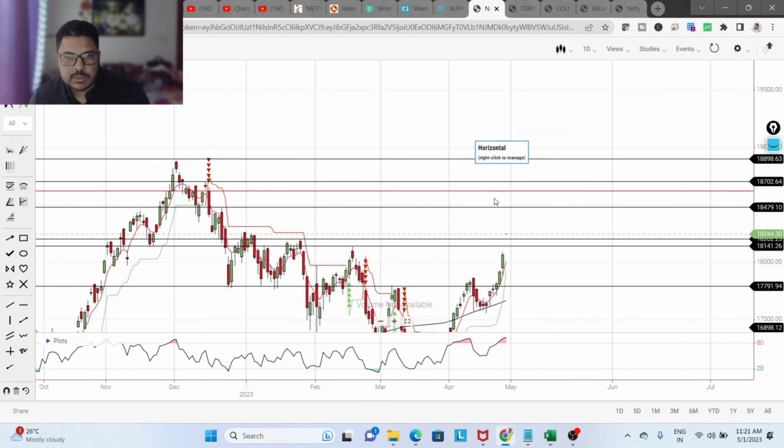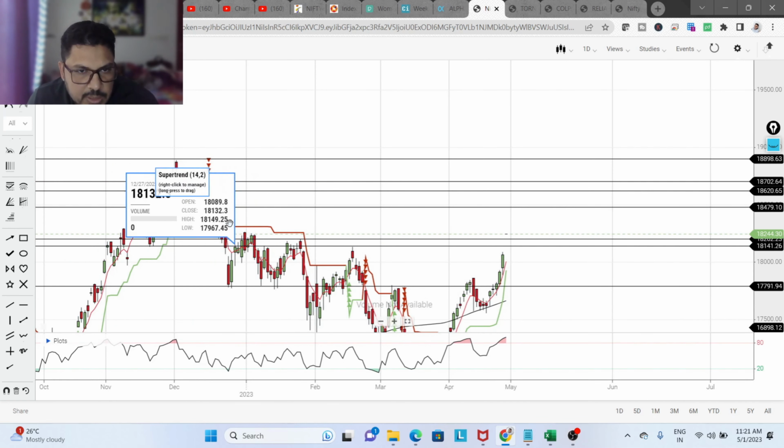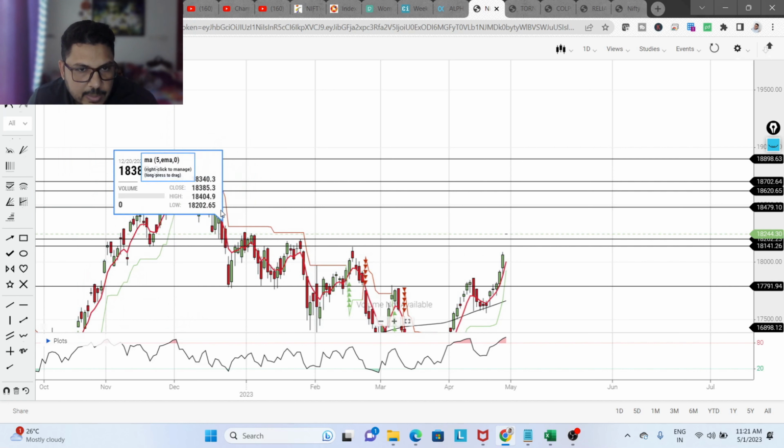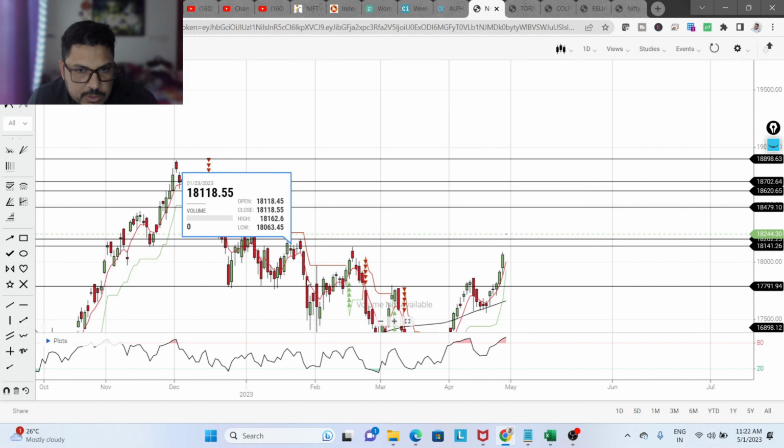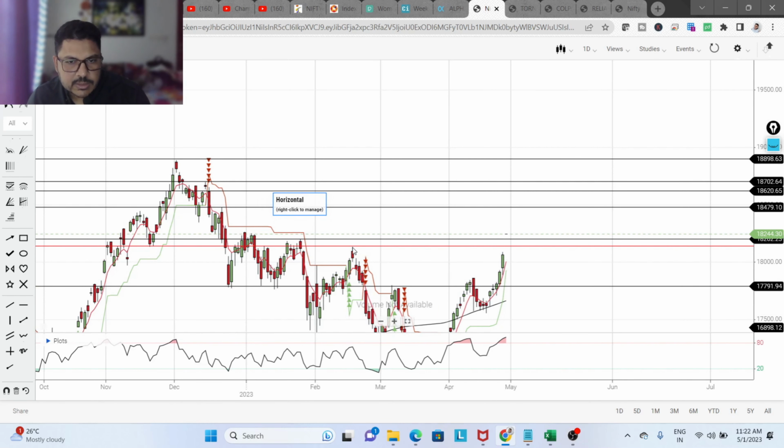Now these are the lines we have mapped. Wherever there is a drop, we have mapped that on the left hand side. So always look to the left side and mark levels where it has dropped majorly. This was the first one, this was the second one, and these two coincide with the previous drops.